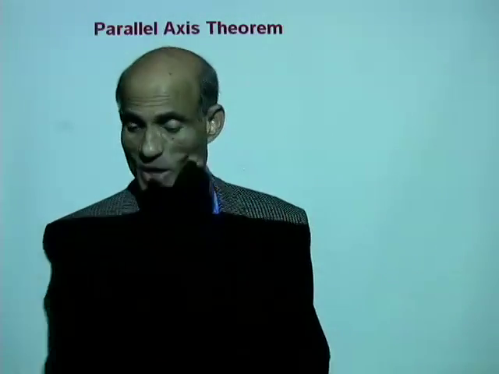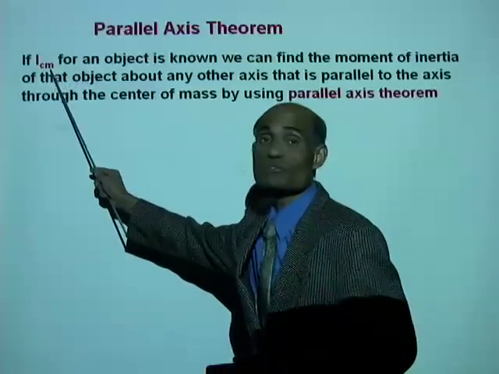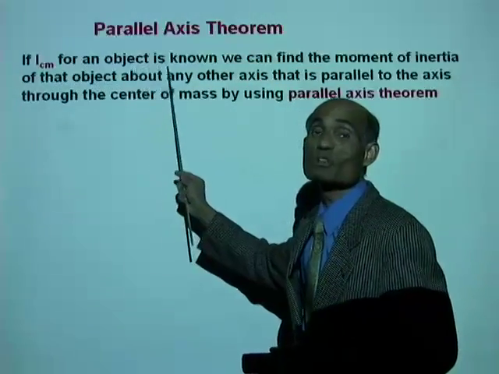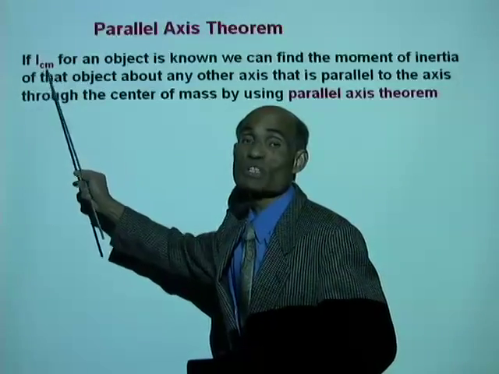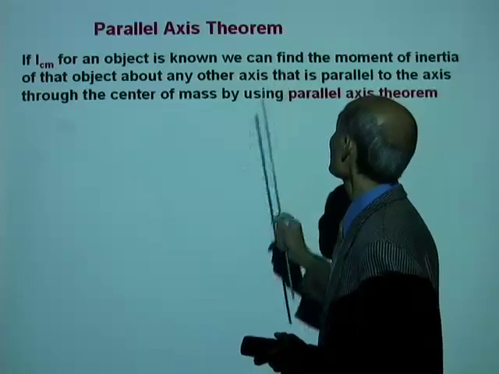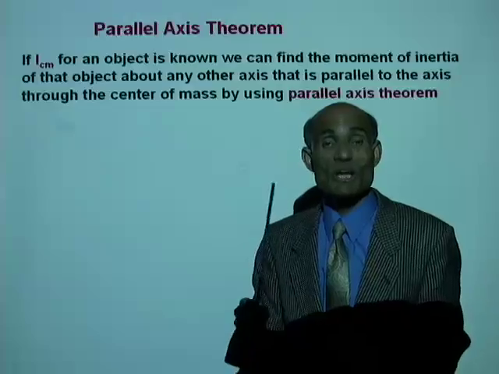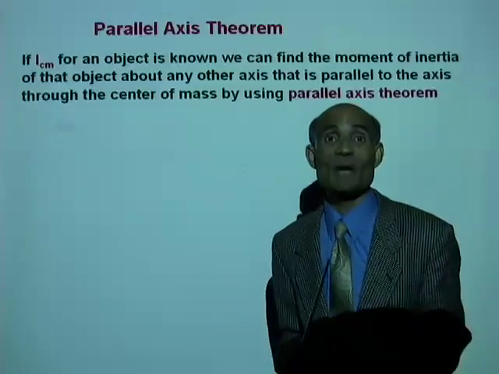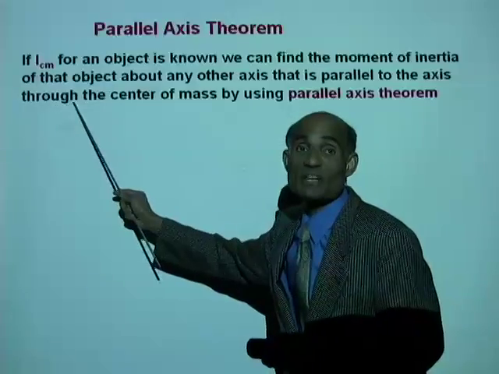Alright, let's have a look at what the parallel axis theorem says. If the moment of inertia of an object about its center of mass is known, then we can find the moment of inertia of that object about any other axis that is parallel to that axis.